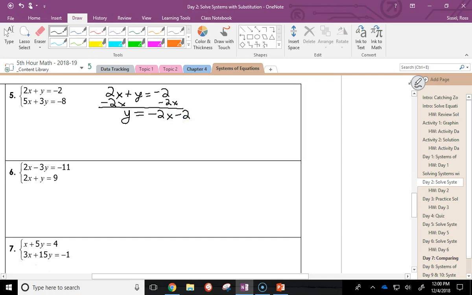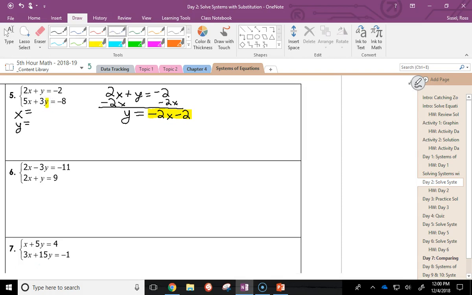I am done with that first step now. I've solved. Y equals negative 2x minus 2. However, do I know what its one digit is yet? No. But I can now do today's whole thing is about substituting.